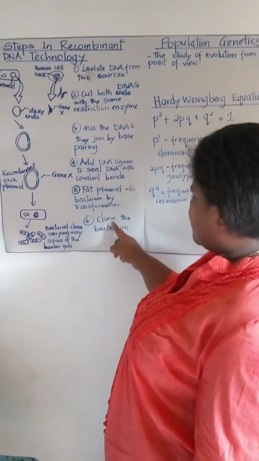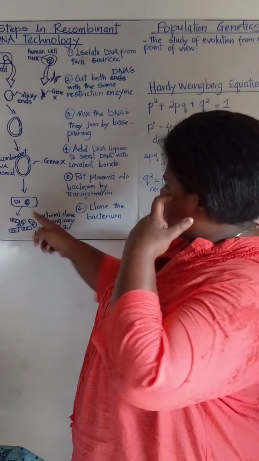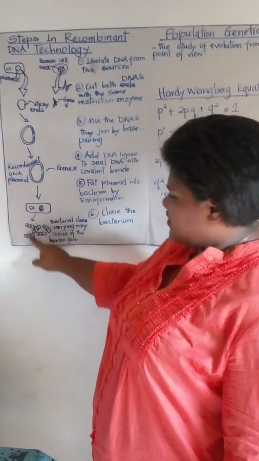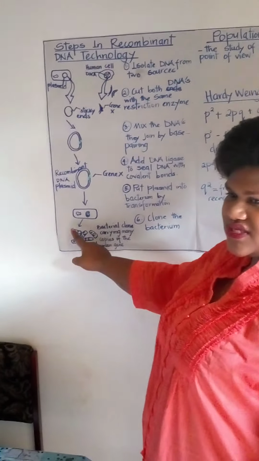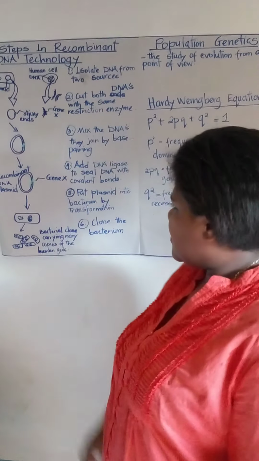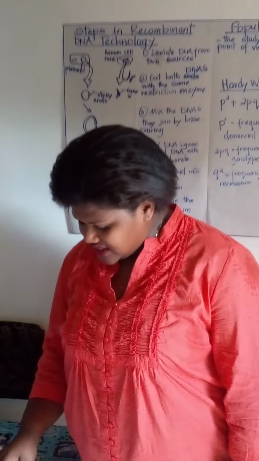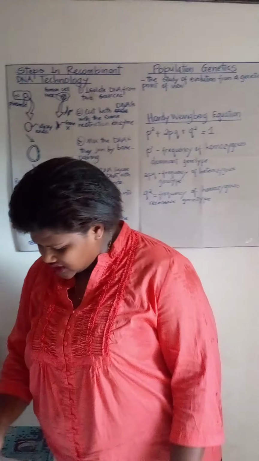Then after that, clone the bacterium. So the bacterium has been cloned to form these many cells. It reproduces and multiplies. That's all the explanation of the steps in recombinant DNA technology.